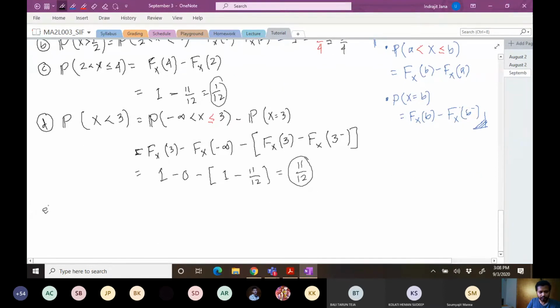And the last part, which says probability x is equal to 1. Again, the same formula: the probability of x being equal to any particular point is F_X evaluated at 1 minus F_X at 1 minus, the left limit of 1. So what is F_X at 1?